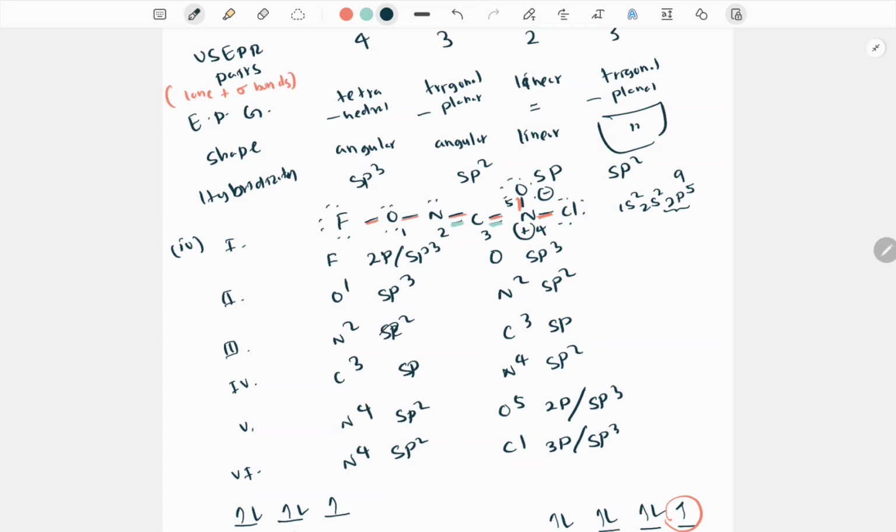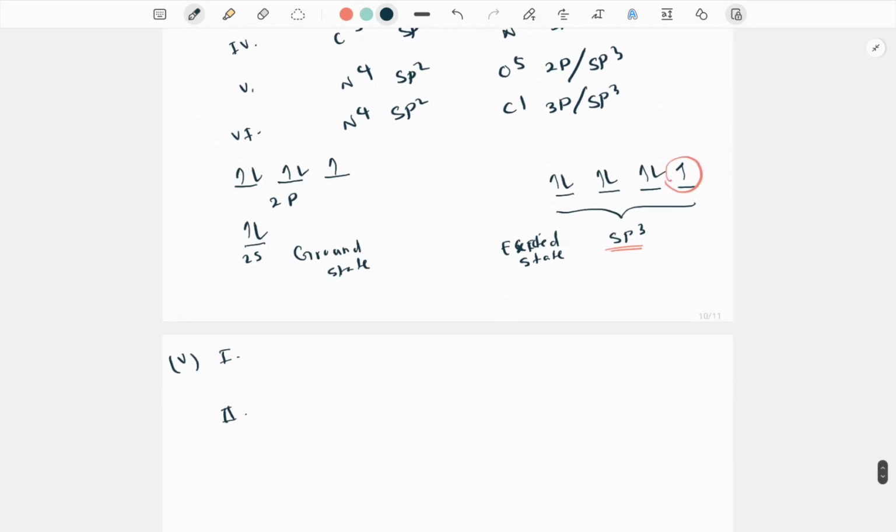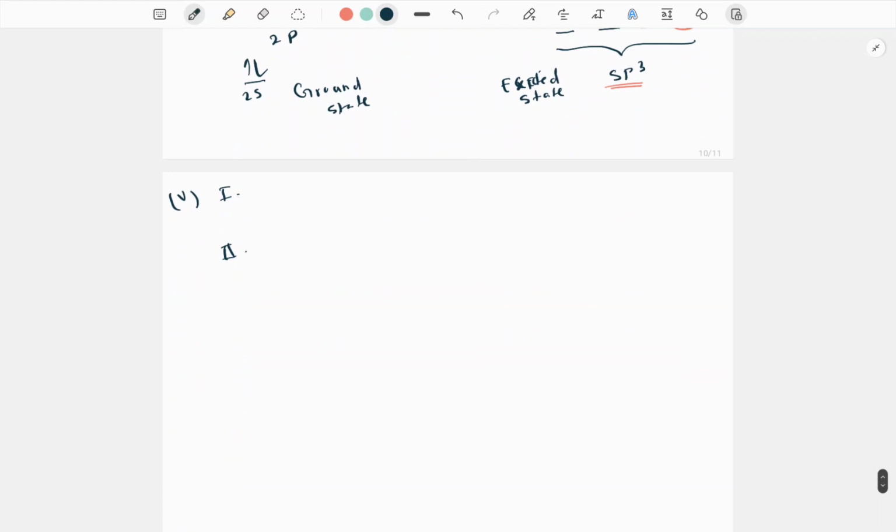N2 was a hybridized orbital with the formation of the sigma bond. But here it is a pi bond, it is not hybridized. It is present in an atomic orbital. What the atomic orbital involved will be, that's what you need to know. Let me show you how the formation of pi bond occurs.